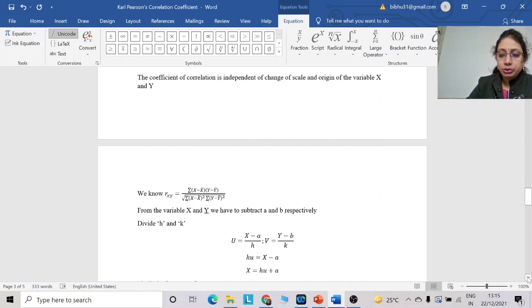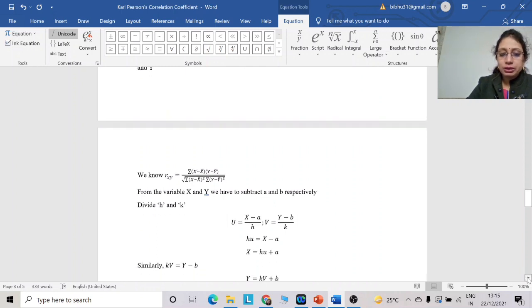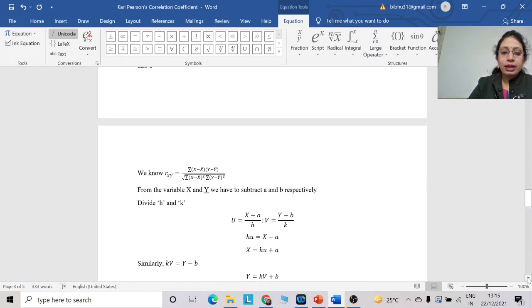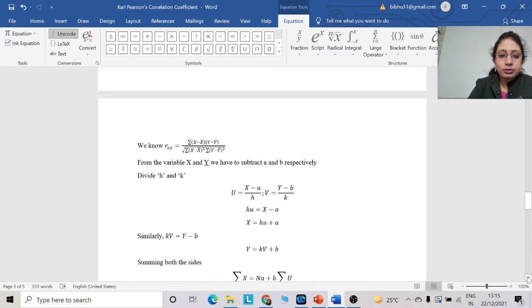That means if we subtract or divide anything from the x and y series, the value will remain the same. For change of origin we are subtracting one constant, a, and for change of scale we divide by the value h.